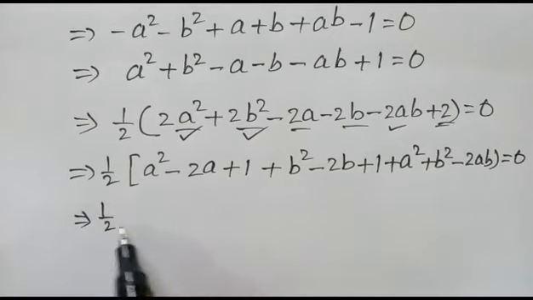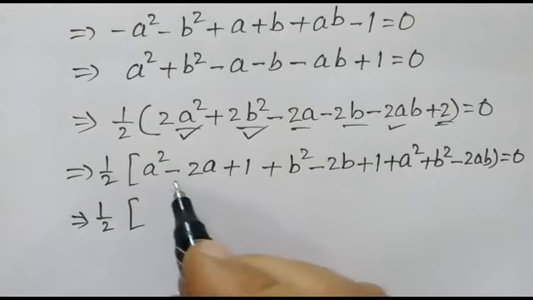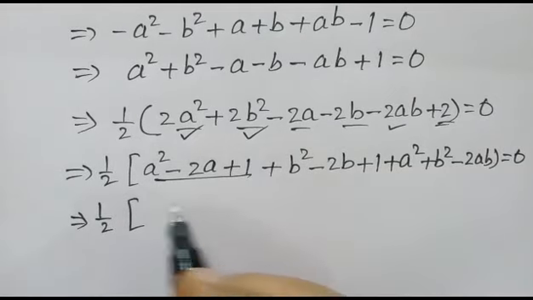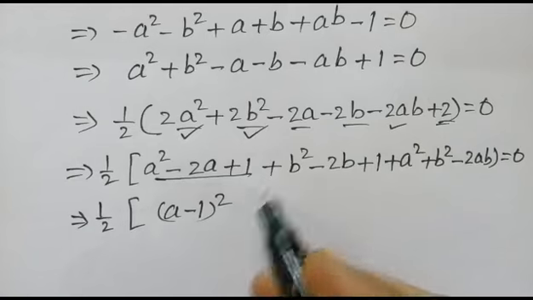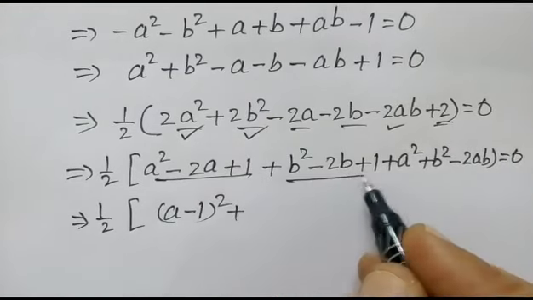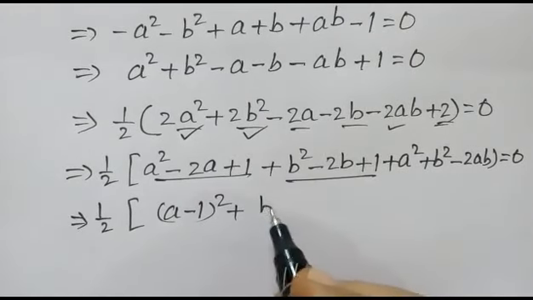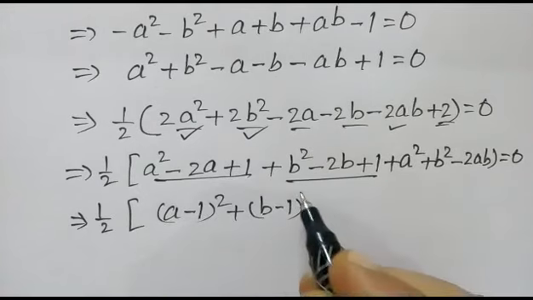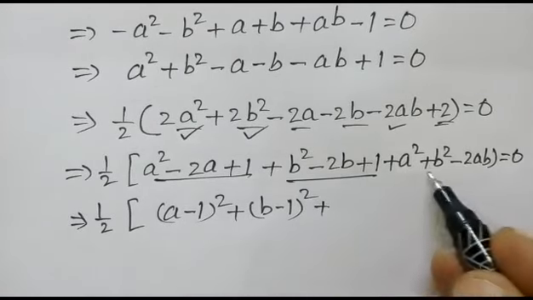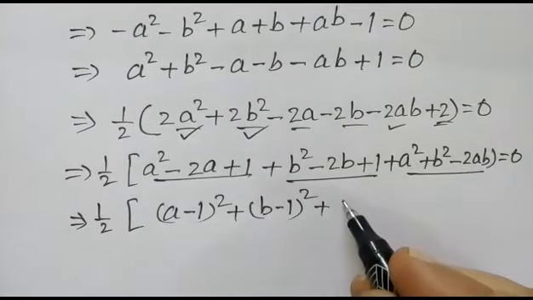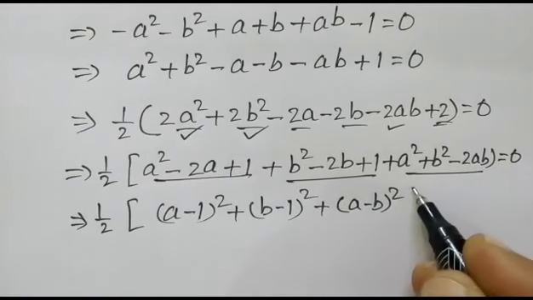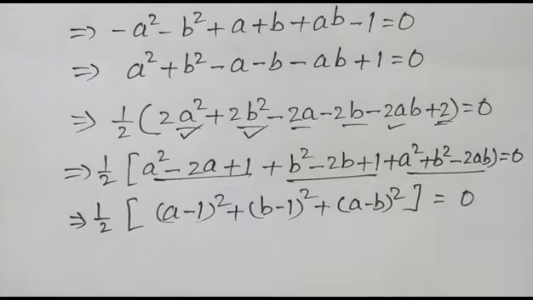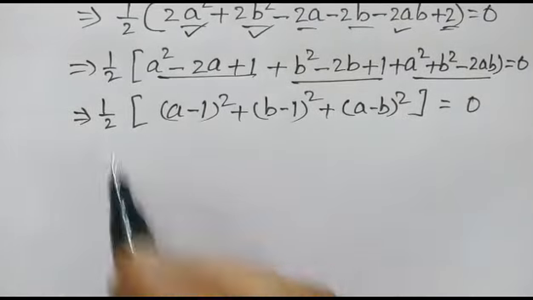Now half. This is the expression of a minus 1 whole square plus this as b minus 1 whole square plus this can denote as a minus b whole square is equal to 0, right?